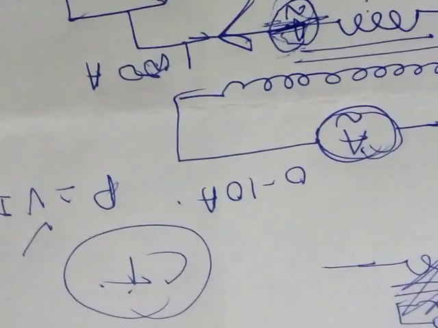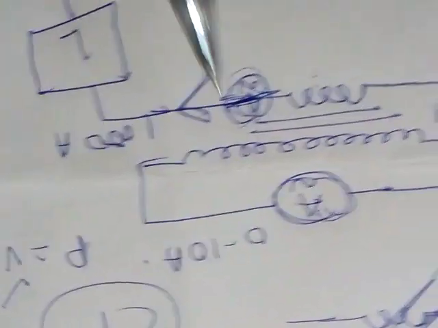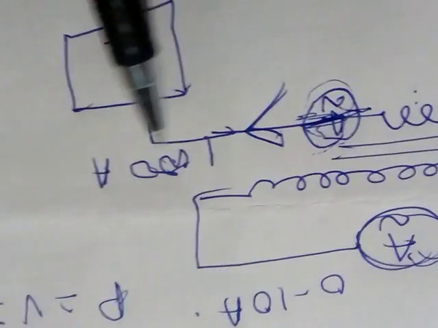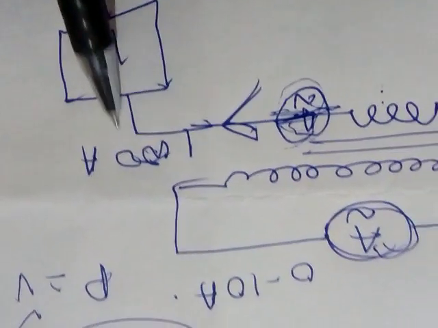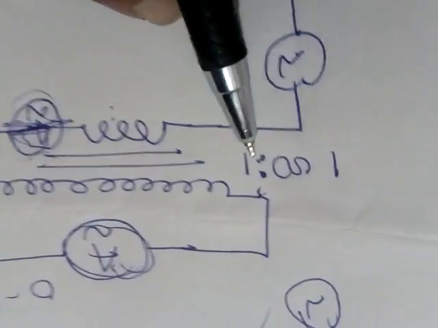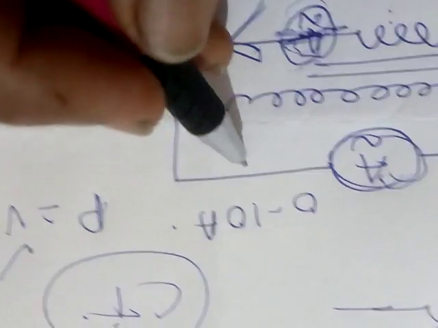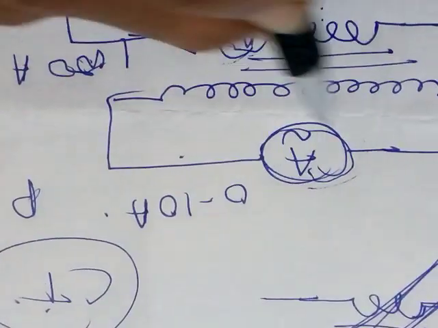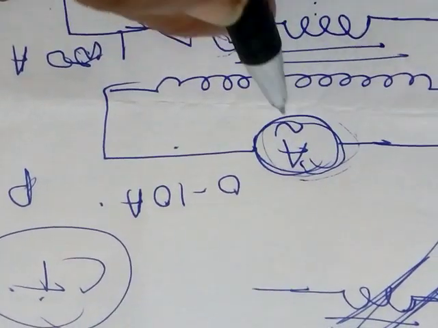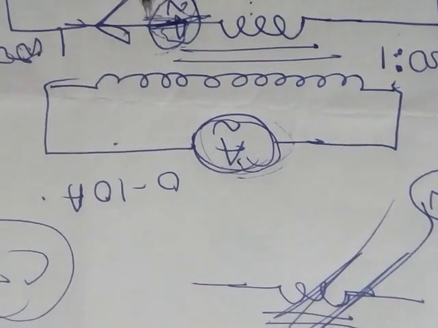When a maximum of 1000 amperes is flowing here, the step down ratio is 100:1, so here a maximum of 10 amperes only will flow. So a 10 ampere ammeter is enough for the measurement purpose.